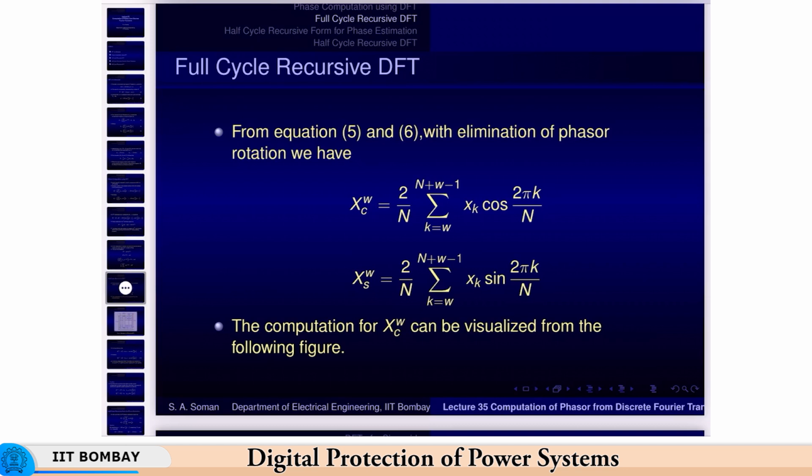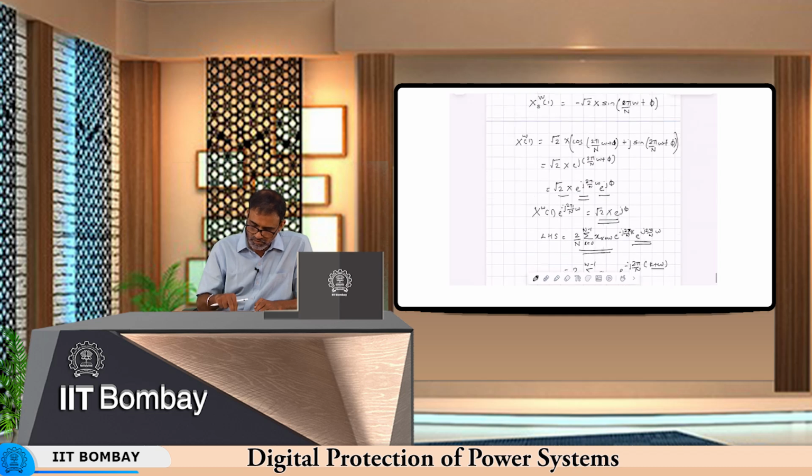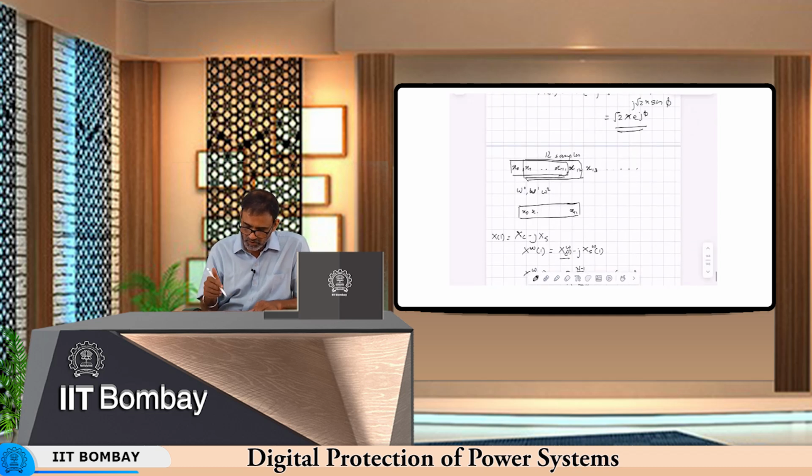Now, how do we do this more efficiently? Because you see every window, suppose there are 12 samples, then you have to do 12 multiplies and 12 adds. Okay. And if you see this in every window, what is happening? As the window shifts, if this was window number 1, this one is window number 2.